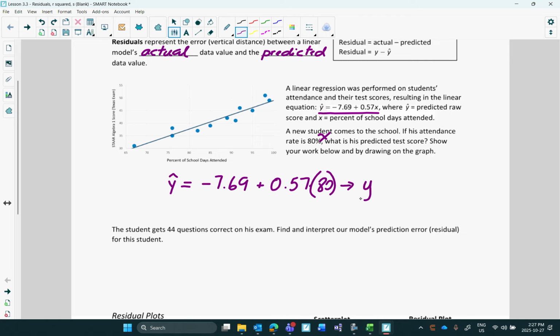Therefore, the predicted test score is whatever I get when I calculate that, which is 37.91. That's what the line's predicting. And if you went up at 80 and then went across, notice we're going to be at 37.91.